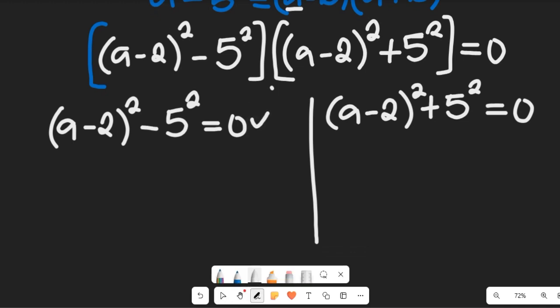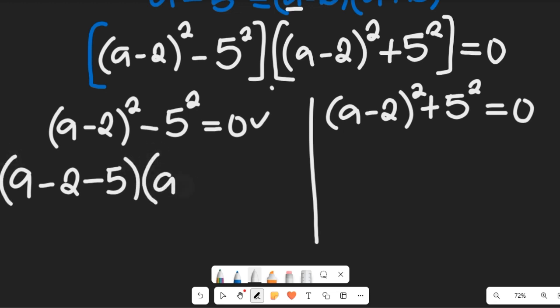I can still use it for this expression over here. If I use that for this expression, this is simply going to give me A minus 2 minus 5, and the other one will give me A minus 2 plus 5, and all of this will be equal to 0.